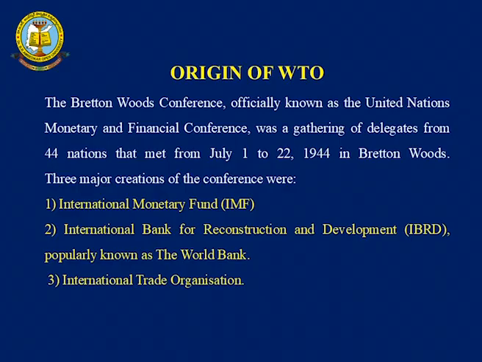This conference created three organizations: the International Monetary Fund, the International Bank for Reconstruction and Development, popularly known as the World Bank, and the International Trade Organization. But the International Trade Organization was not accepted by the US Senate.